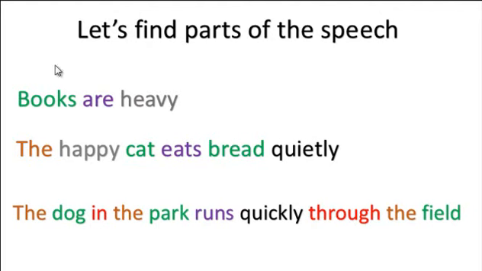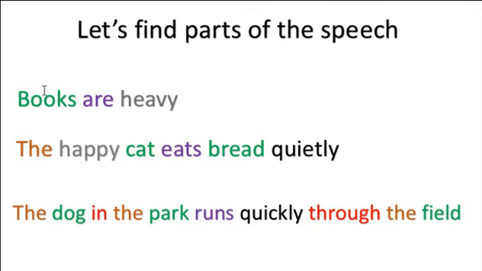Now, here let's find parts of speech. I put different colors in different sentences. These sentences both are heavy. The happy cat eats bread quickly. The dog in the park runs quickly through the fields.